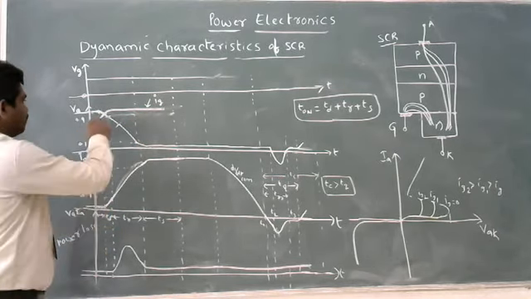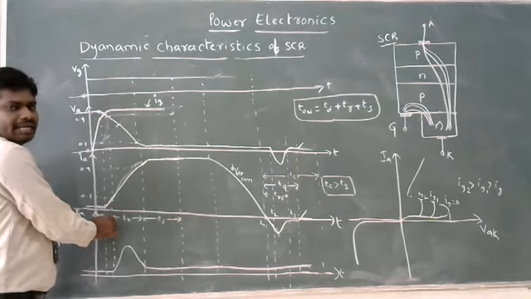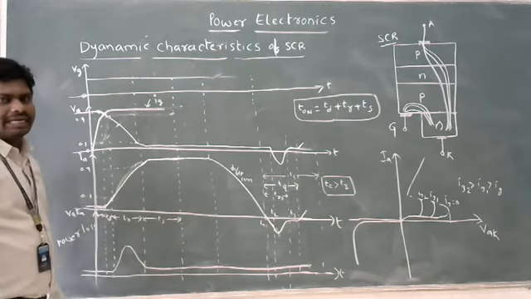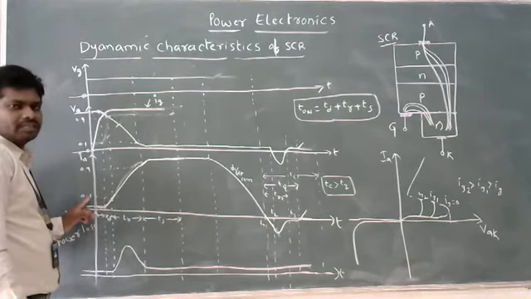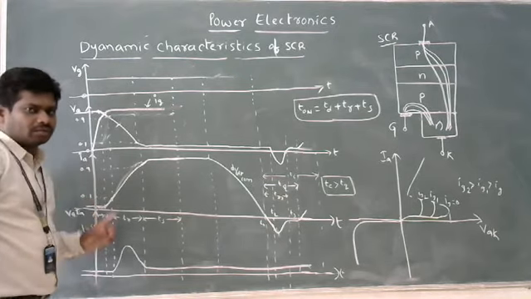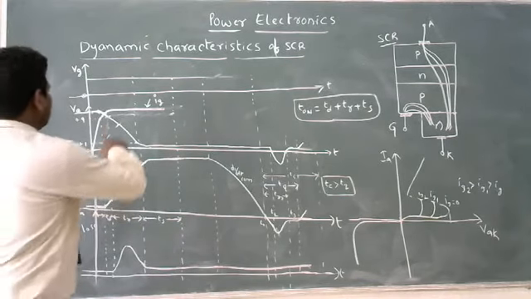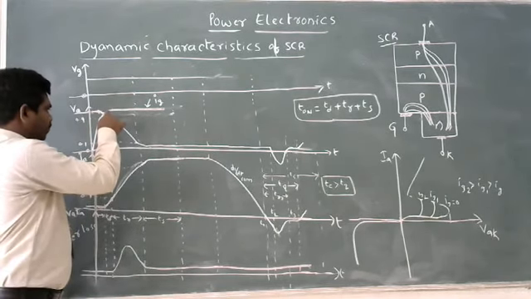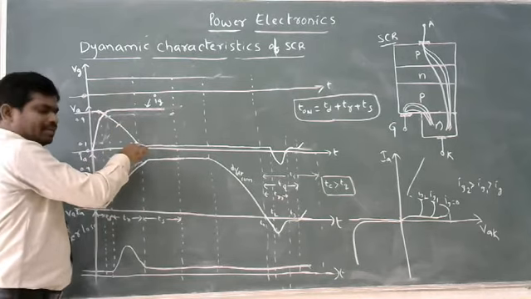Then after that, as I said, delay time is defined as when the anode current increases from 0 to 10% of its maximum value. After that, the anode voltage falls from 90% of its maximum value to 10%.